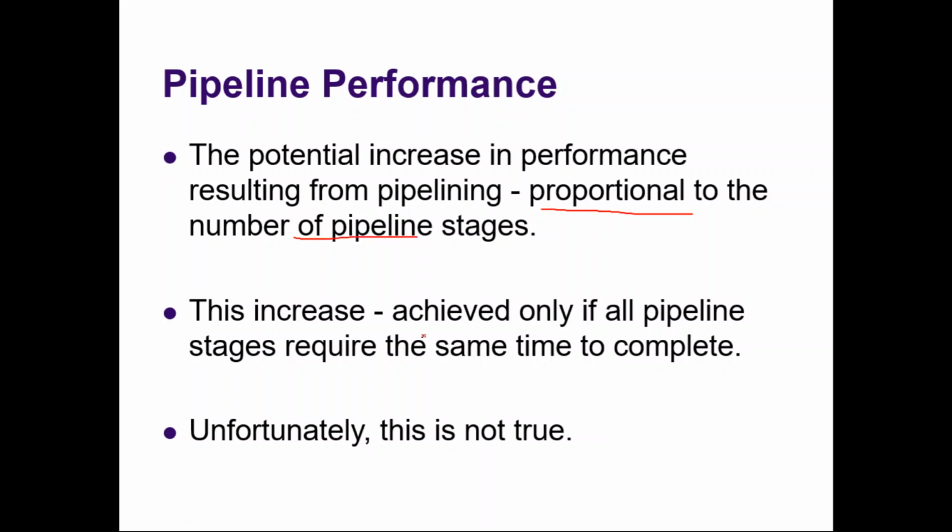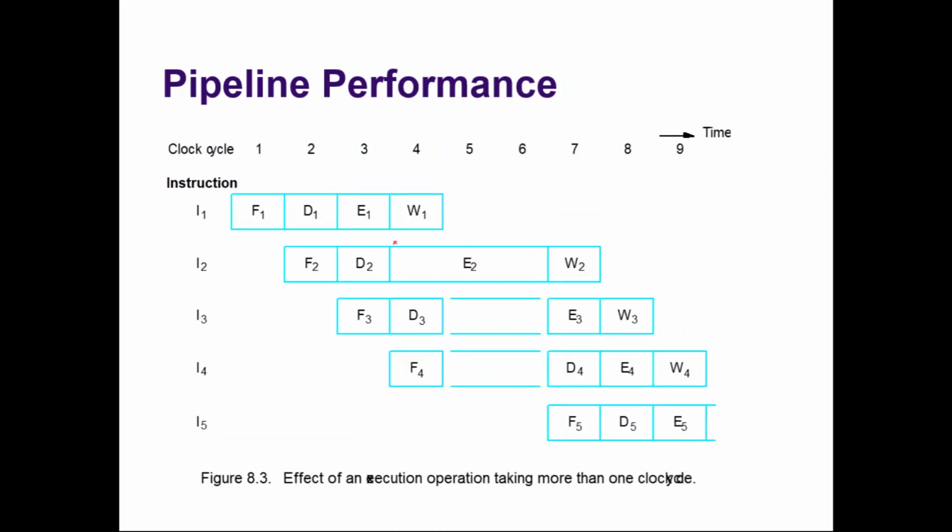But it is not possible if any of the stages requires more time, during execution of any single instruction. Then you cannot match the proportion of the pipeline stages. So now let us discuss one example for that.